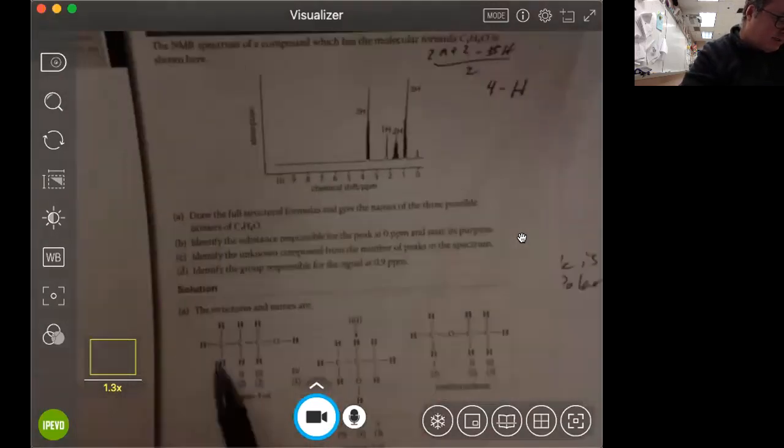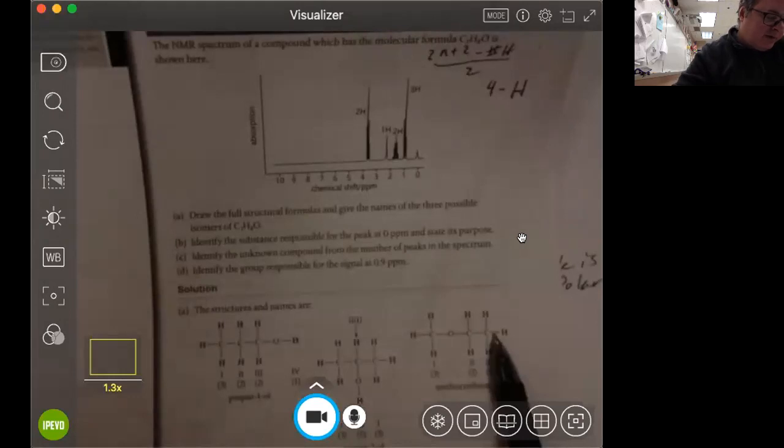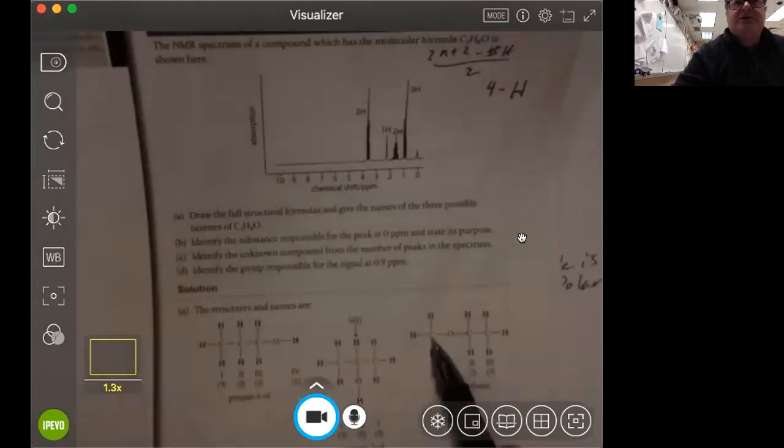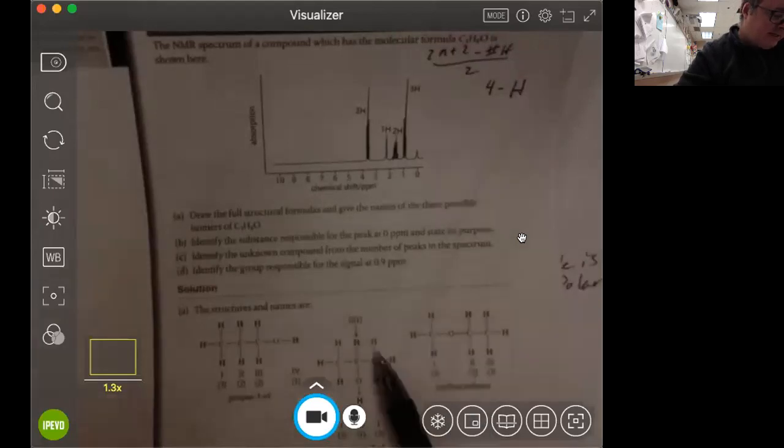So this has a primary CH3, and this has a primary CH3. We don't count this one, even though it's a primary CH3. It's not going to be at 0.9 to 1.0 because of what? Because of the oxygen. You got it. And these guys may not be there as well.